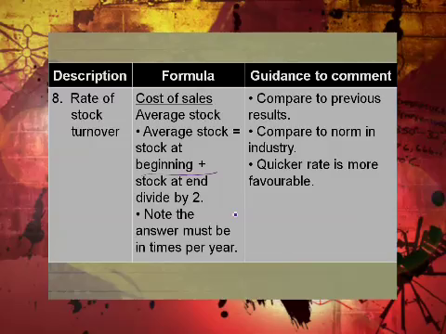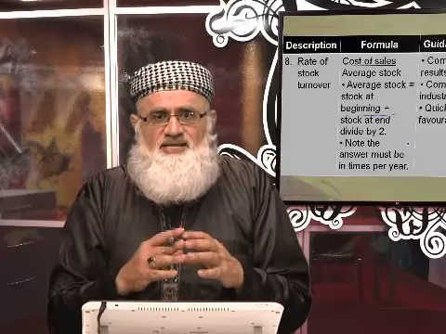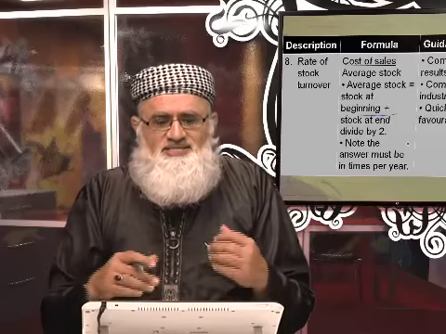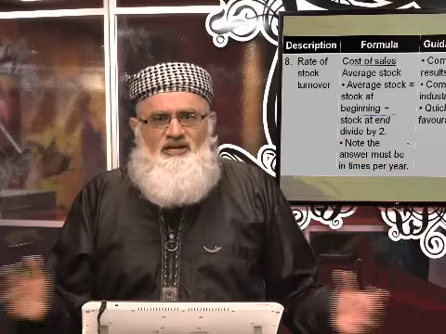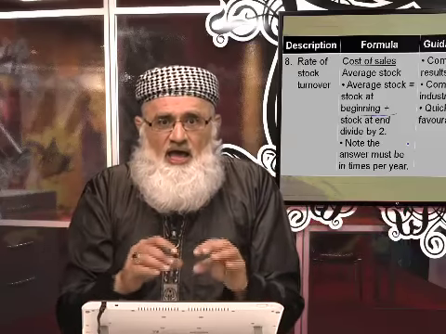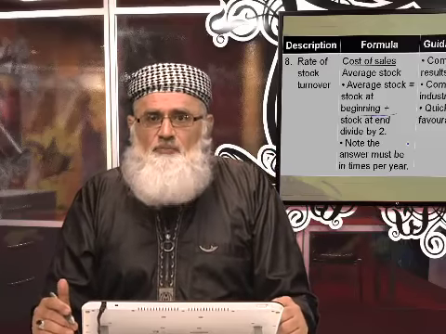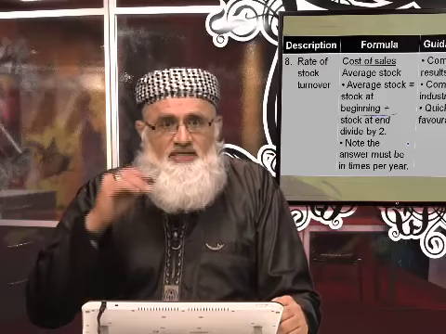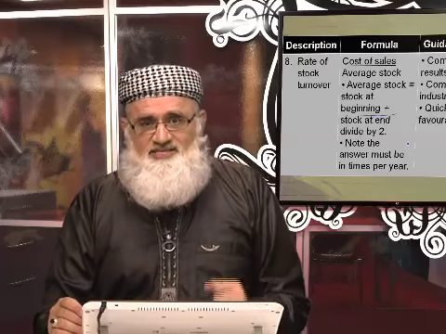We look at the norm in the industry, not necessarily a norm per se, but you look at the industry and you say, okay, if a particular business, the same as yours, has a rate of stock turnover of 5, and generally all the businesses in that same sector are having a rate of stock turnover of 5, and you come with a rate of stock turnover of 2, then definitely there's a problem.